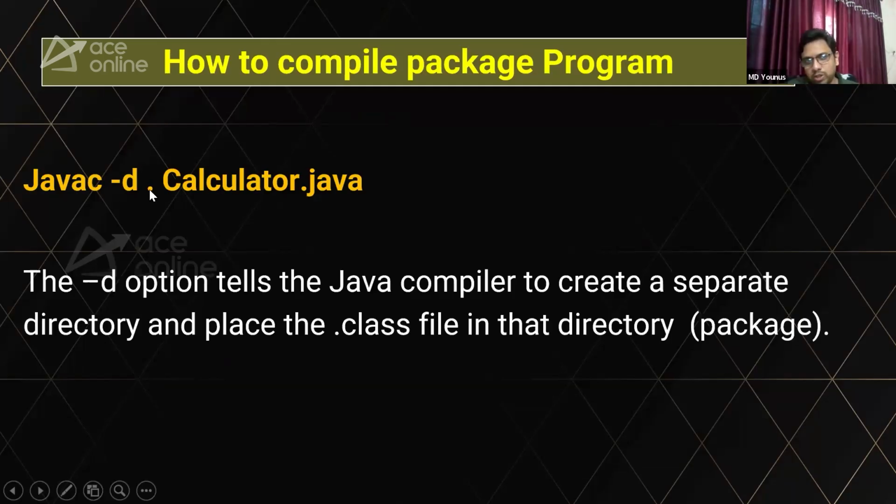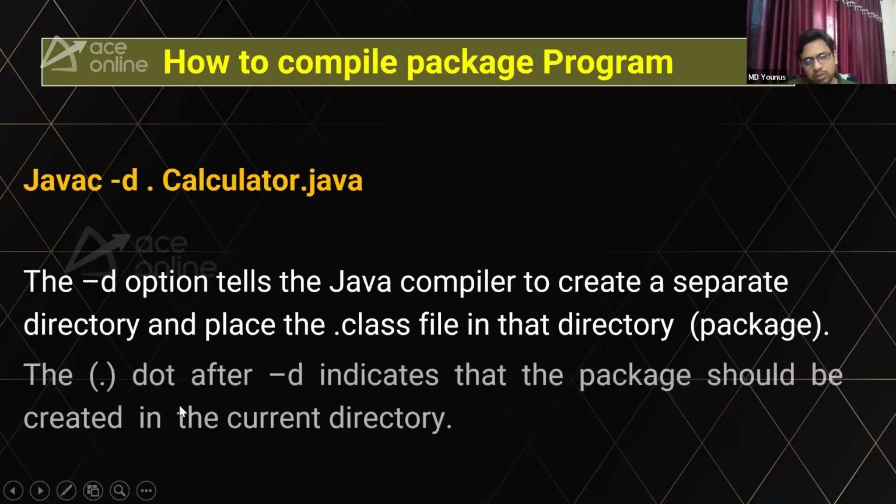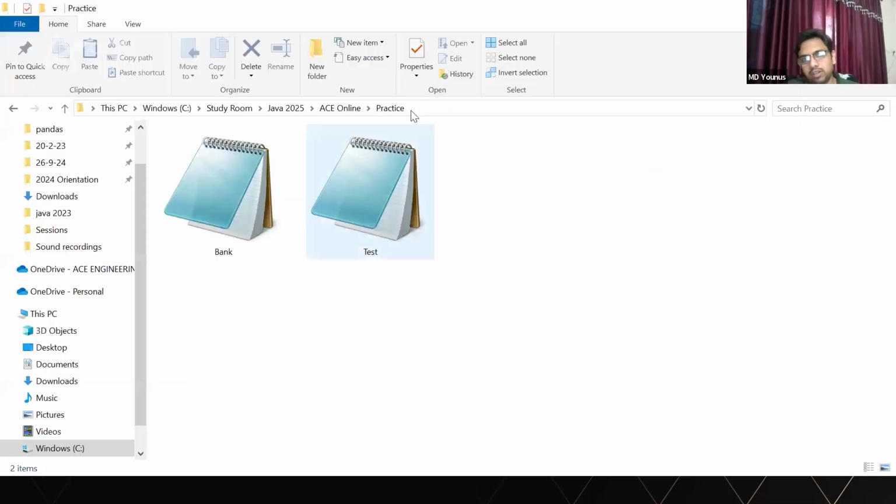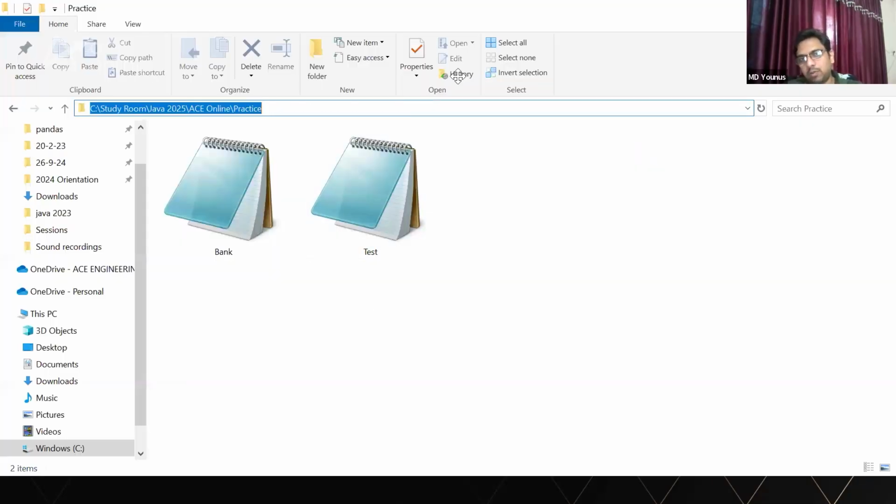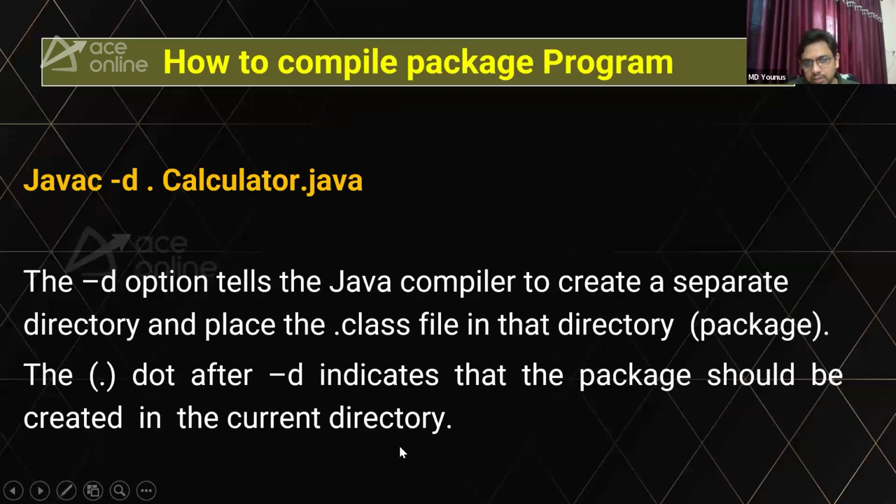If you want to mention a different path, instead of dot, you can add your path. So here the dot after -d indicates that the package should be created in the current directory. This is my current directory, and I want to create this package inside it.